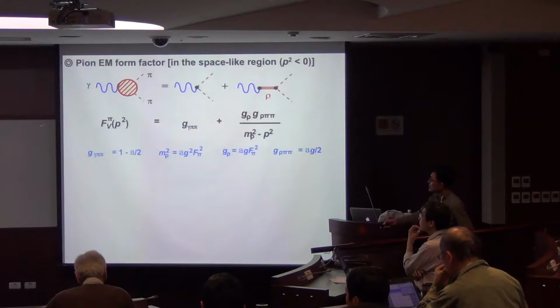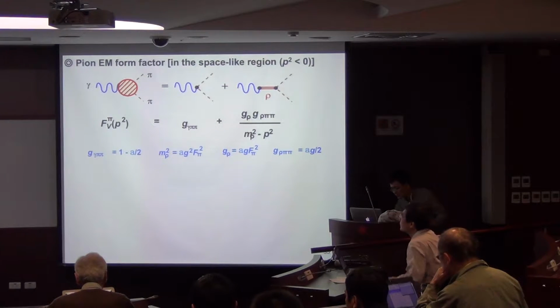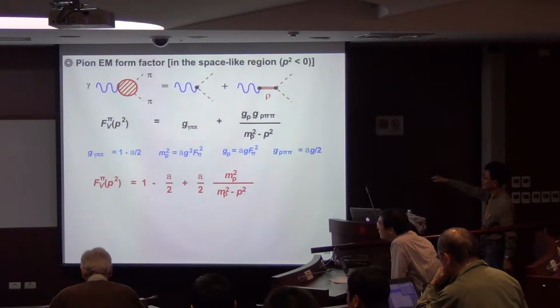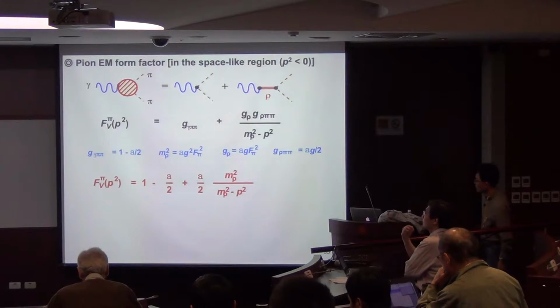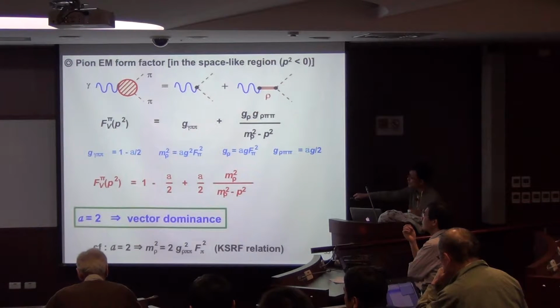Okay, then using this parameter relation obtained in the hidden local symmetry, you can derive this form factor in this way. You just substitute this into here, and you keep only m rho squared and the parameter a. You obtain this form. Then once you take the parameter choice a equal to 2, this part goes away.